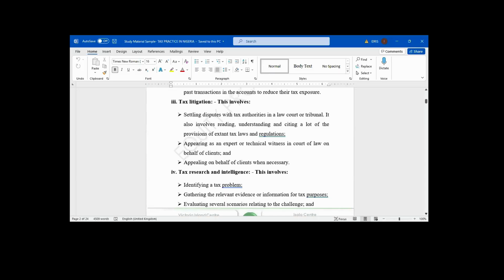or in the tribunal. Under tax litigation too, they provide technical and expert witness in the court of law for their client. They serve as a witness for their client in the court of law. Under tax litigation too, they act on behalf of their client when necessary.